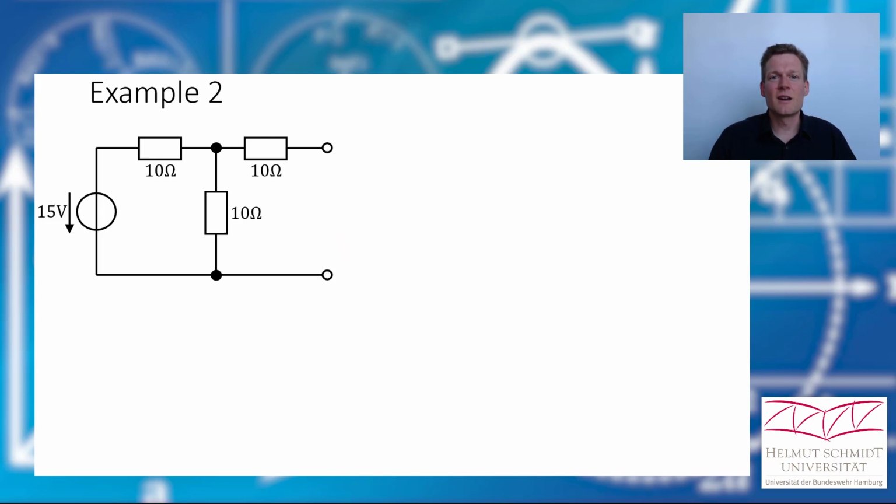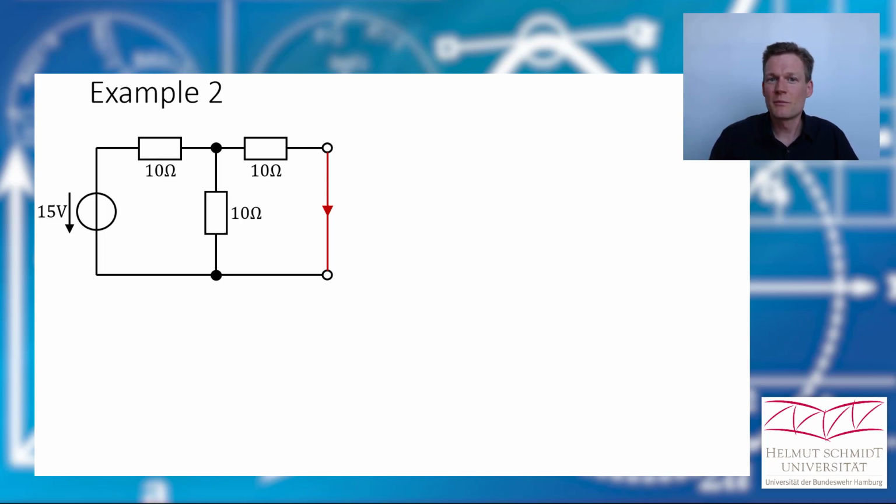Let's have a second example. It's the same circuit again, and this time I want to create Norton's equivalent. So I want to create a practical current source. Therefore I need the short circuit current. So we make a short circuit here and we measure or analyze which current flows there. And again, you should be so trained now that you can see it.